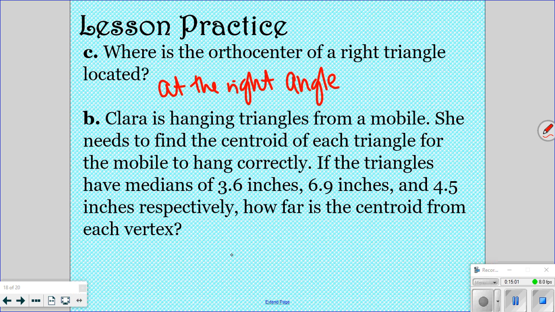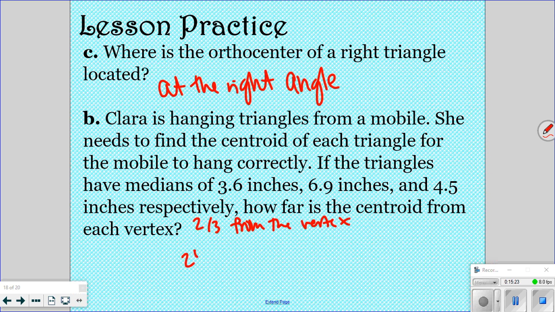It wants to know if we have medians of 3.6, 6.9, and 4.5, how far is the centroid from each vertex? Well, the centroid is always 2/3 from the vertex. So you're just going to say 2/3 times 3.6.